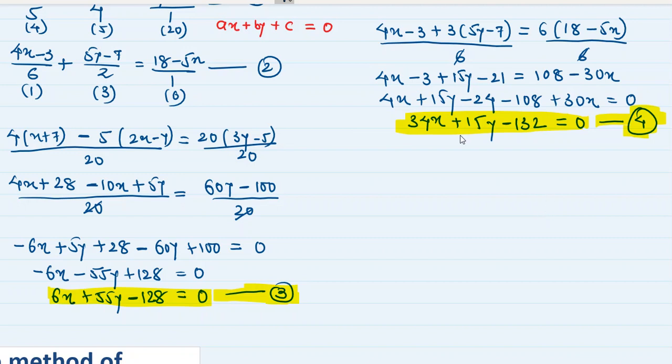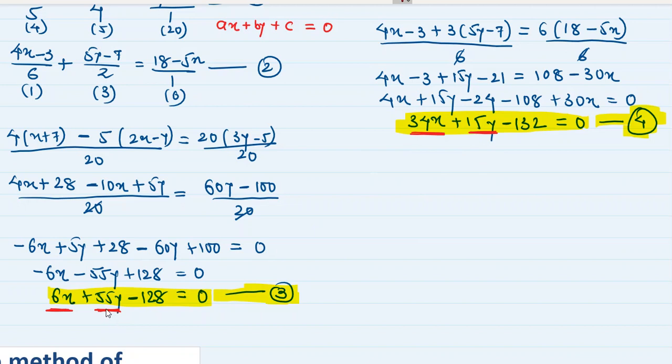Just select one term, either containing x or y. So let's compare the terms containing x. The coefficient of x here is 34, the coefficient of x here is 6. Compare the terms containing y, 55y and 15y.